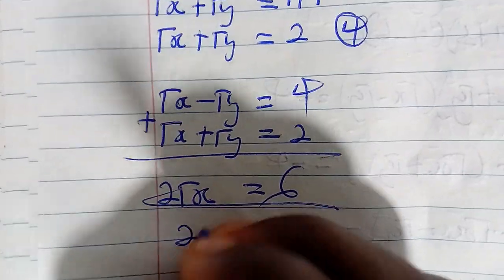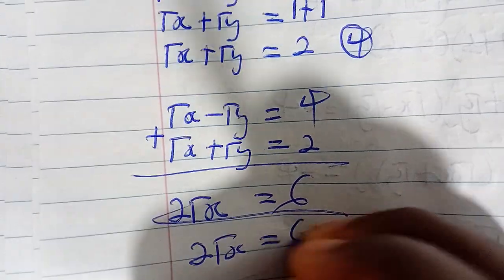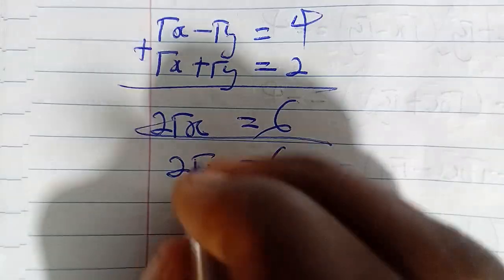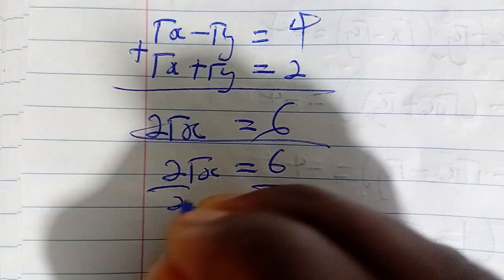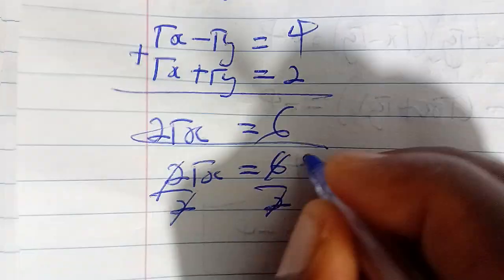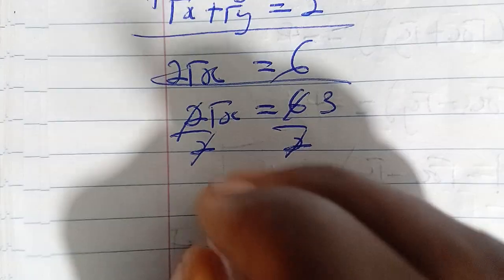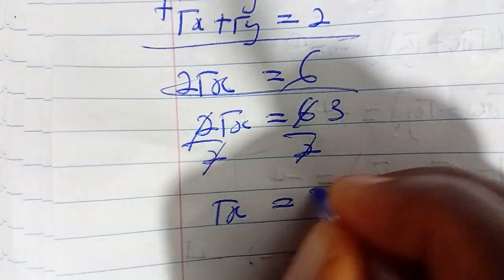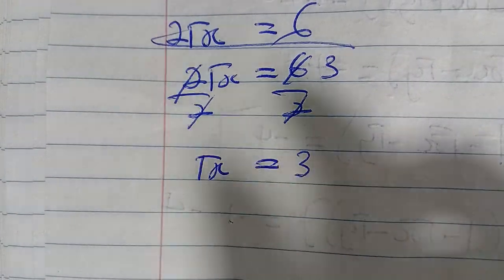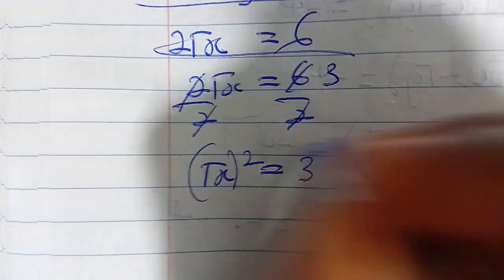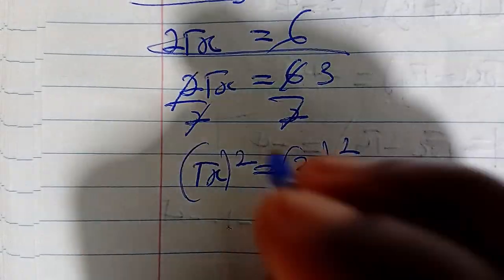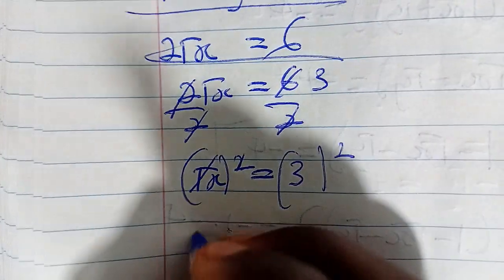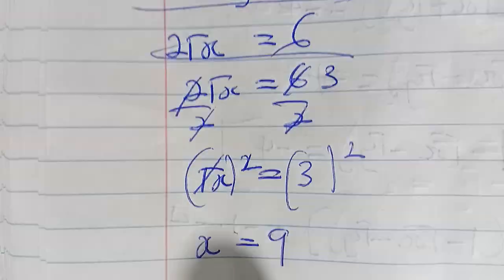So you have 2 root x is equal to 6. Divide here by 2, divide here by 2. So you have the square root of x is equal to 3. Now we are looking for x, so we square this side and we square this side. The square cancels the root, so you have x is equal to 9.